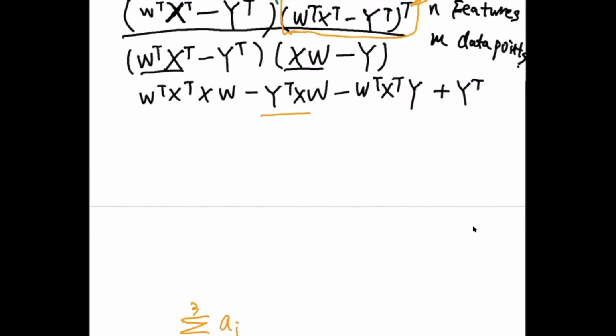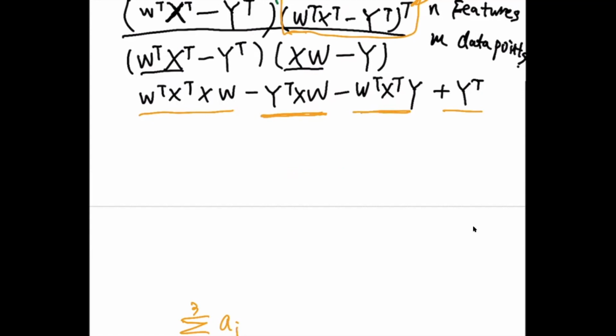Let's look at this part and this part. They're real numbers, right? Because each term is a real number, and they are each other's transpose. A real number's transpose is itself, say a real number 3, its transpose is also 3, right?